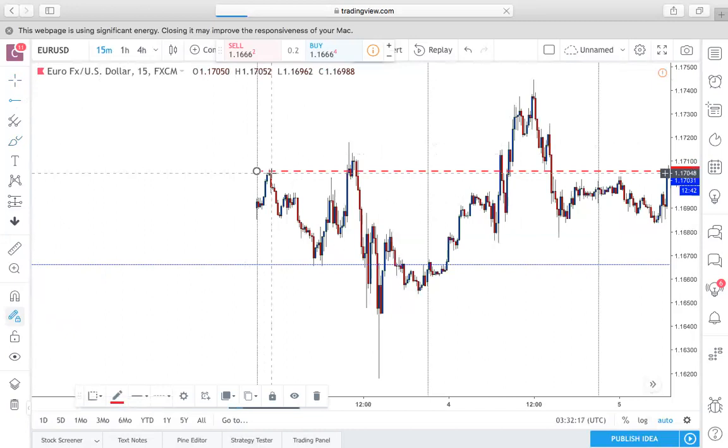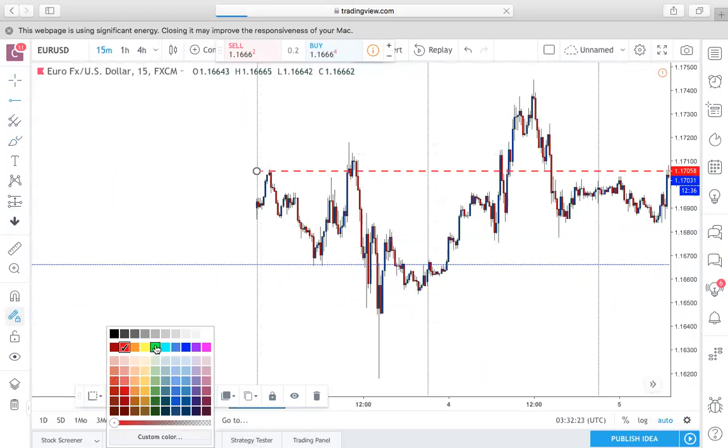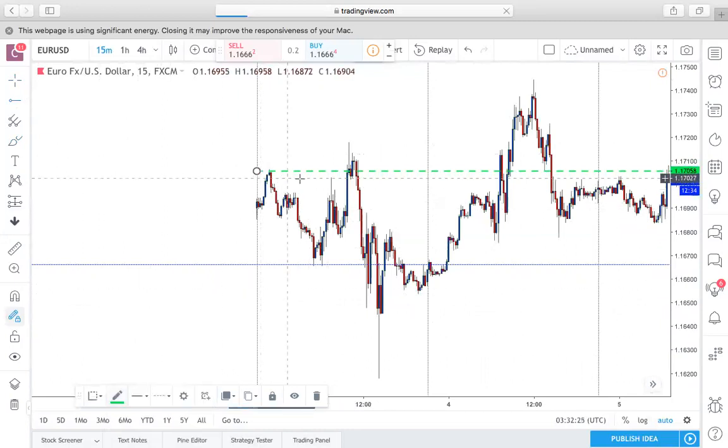Now, being that this was the high of the day here, that would have been our high of the day. And our confirming entry would have been this second leg of the M, right here.